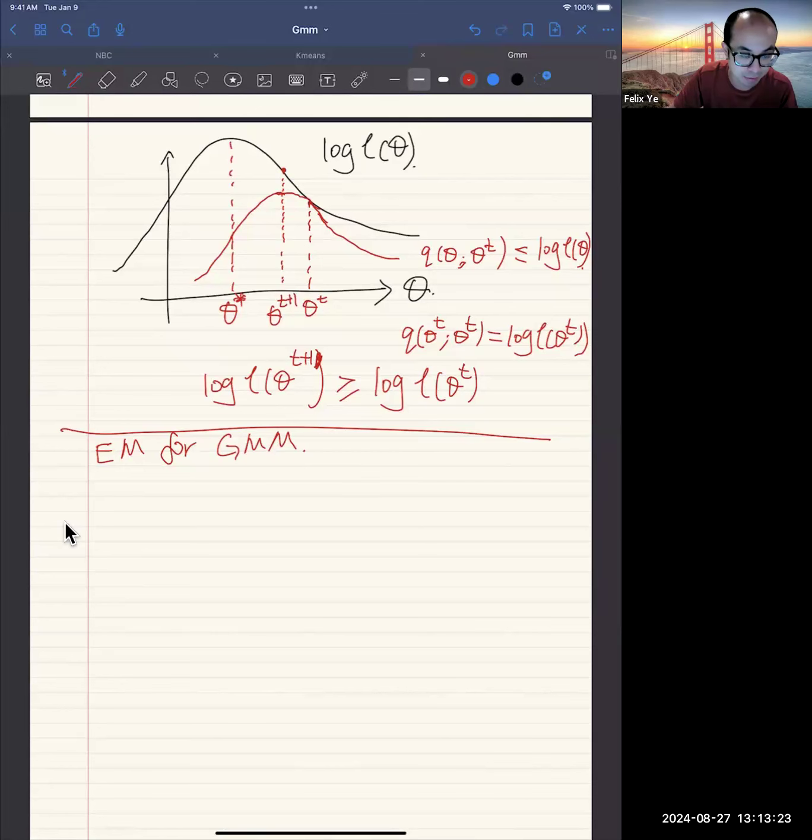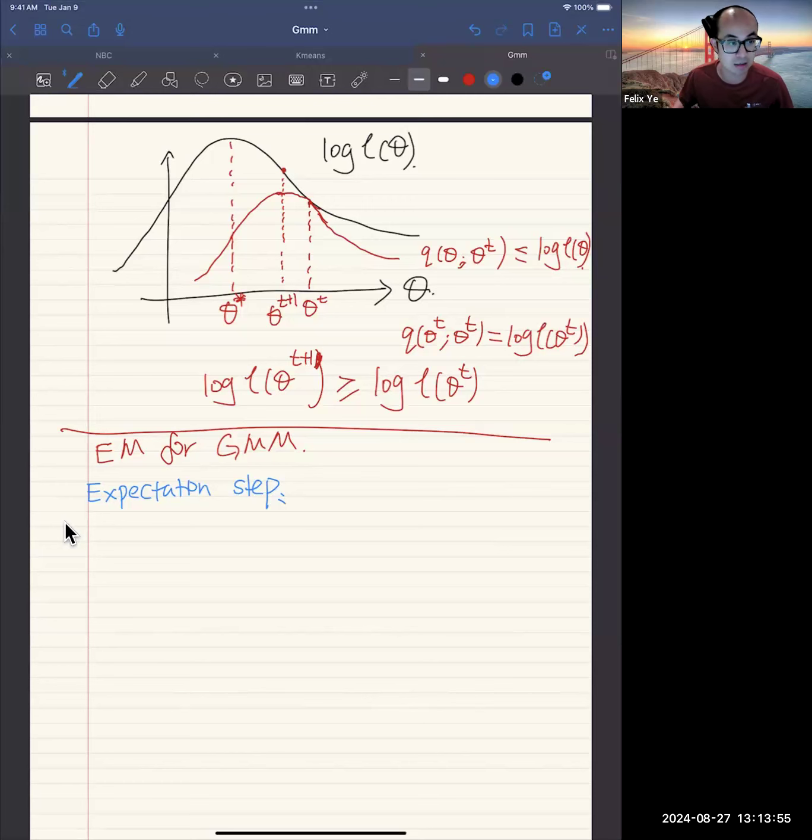So as I said, it has a two-step process. The first step is the expectation step. In the expectation step, we need to calculate the latent variables based on the current parameter settings.